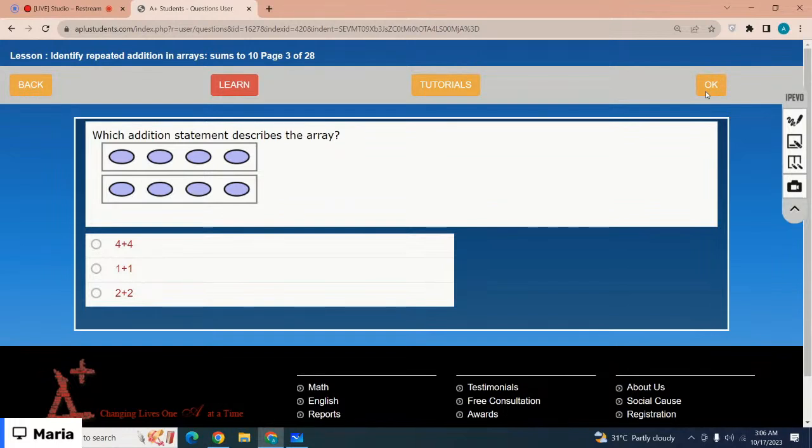The correct option is: you have two rows and in each row you have four circles. So it is 4 plus 4, right? Option number 1 is the correct option. That would be 4 plus 4.